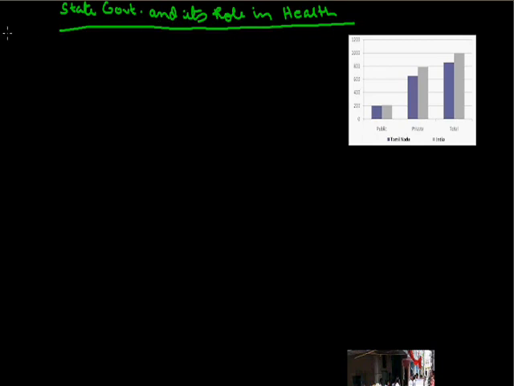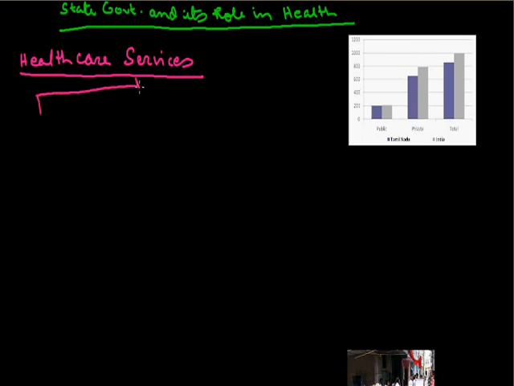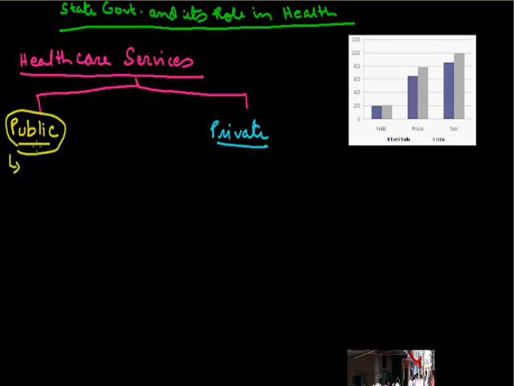Students, here we start with the topic healthcare services. If we see India, then here we find two types of healthcare services: public healthcare services and private healthcare services. Let's first do the public healthcare services.